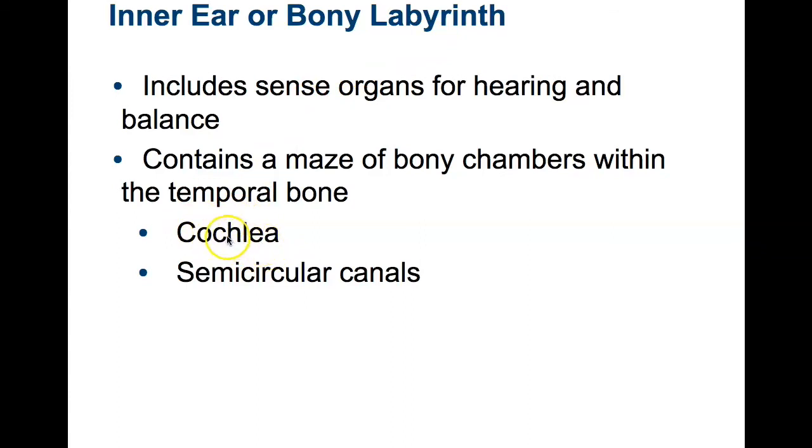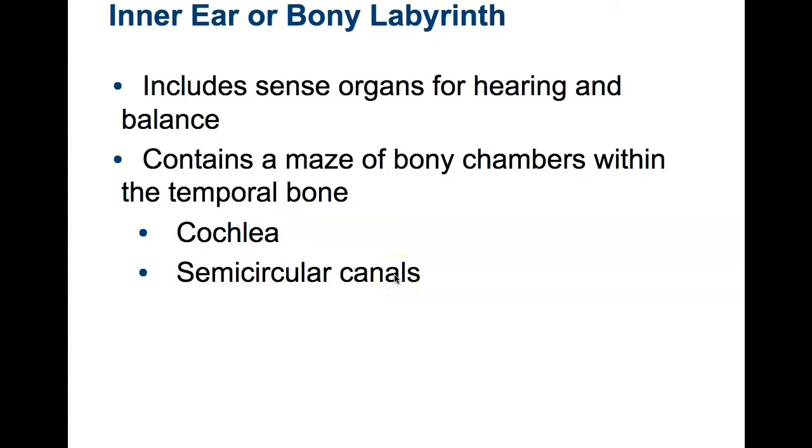This actually means snail, that's what it's talking about. And the semicircular canals. All right, these are the two parts that are going to be doing hearing and balance. The cochlea is what's going to be responsible for your hearing, and it's the semicircular canals, in some senses, that are going to be helping us with that balance.